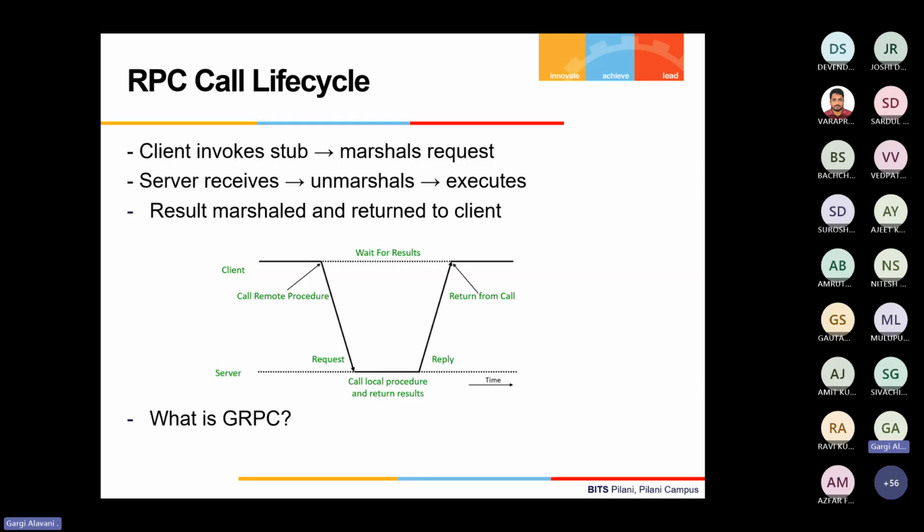The client stub will act like a local representative of the remote procedure, and this stub will take the function parameters and marshal them, that is, put them together in a format, and then send this marshaled data for transmission. Once the server receives this marshaled data, it will unmarshal.